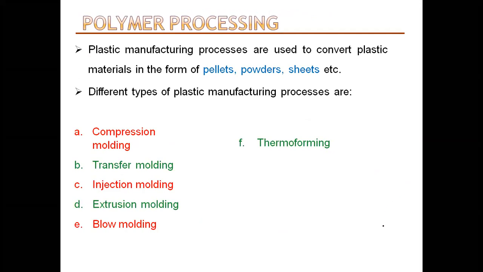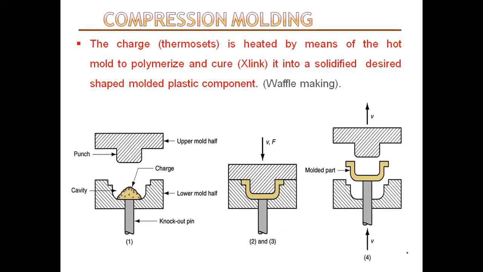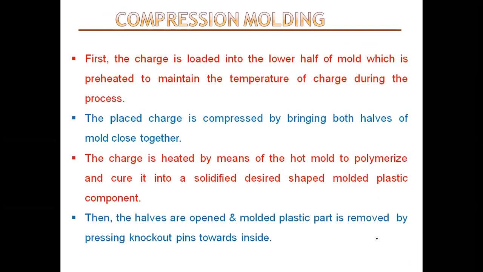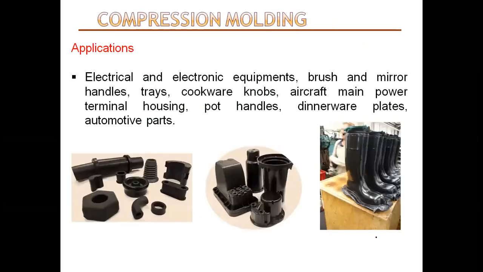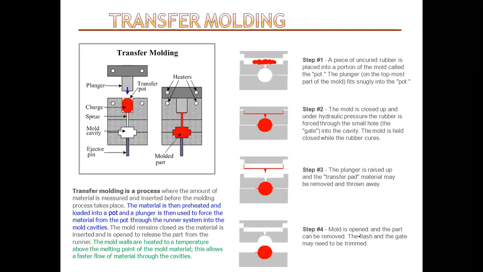Then we have seen the different types of plastic manufacturing processes, and after that we have seen each individually, starting with compression molding. We have seen how in compression molding the plastic parts are manufactured, and the detailed description, advantages, disadvantages, and applications.